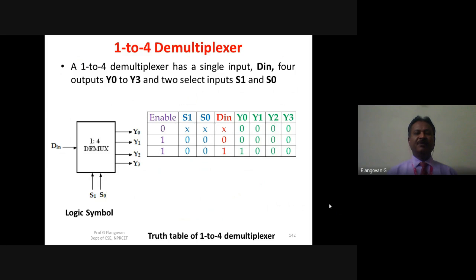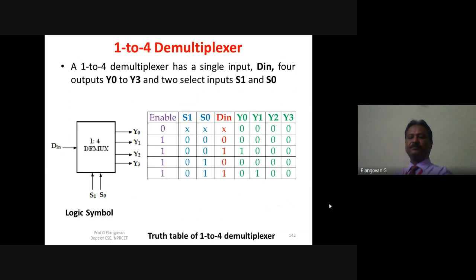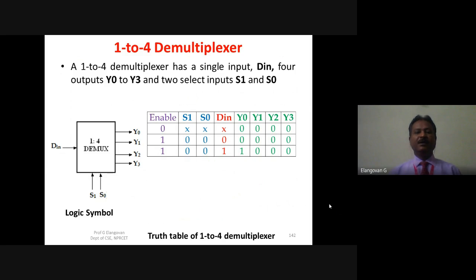If the select signals are 0, 1, then Y1 is going to receive the output. That is, if S0 and S1 are 0, 0 and D in is 0, Y0 receives 0. If D in is 1, Y0 receives 1.